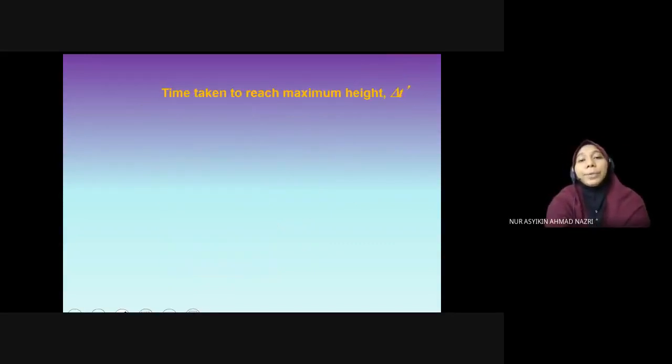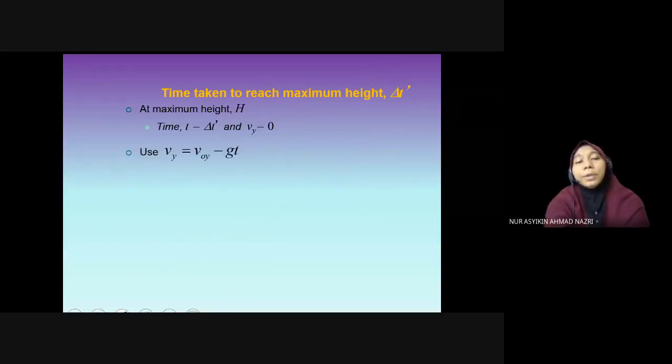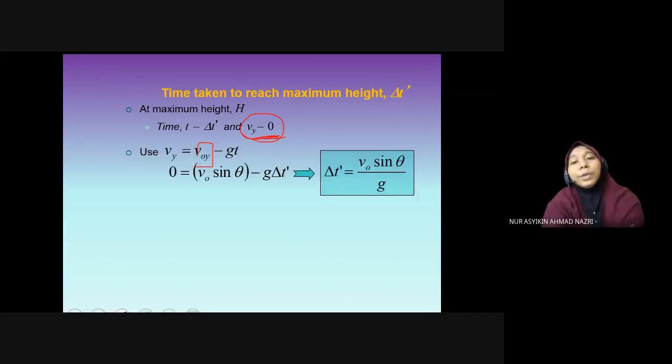Time taken to reach maximum height. Okay. So to reach the maximum height, we have the information that the velocity at this point is equal to 0. And since you also have your V naught Y, you can use this equation, or we simplify the equation to become this equation.